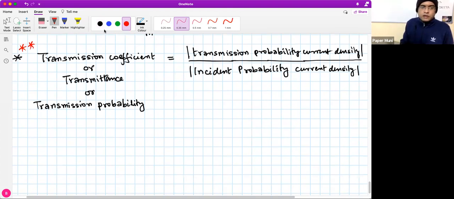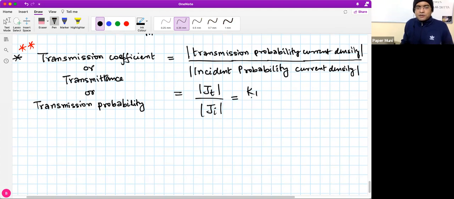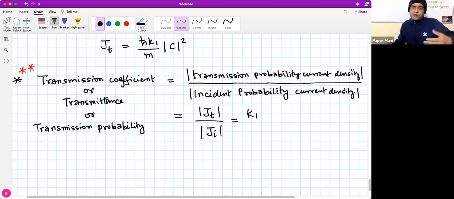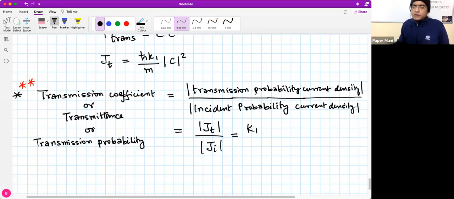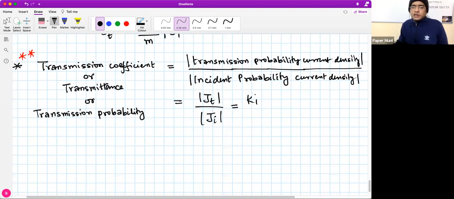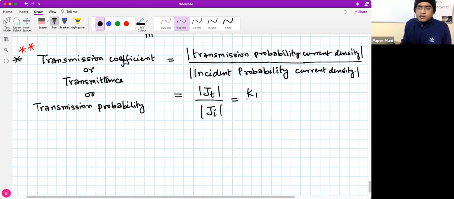Now this is equal to jt divided by j incident. So this is k1. Now what will we be left with if you take the ratio? There's a k1 in this region, and in the first region the k was different. The wave vectors are different, so we'll be left with these ratios also. We have these factors, and then we have the usual ones.